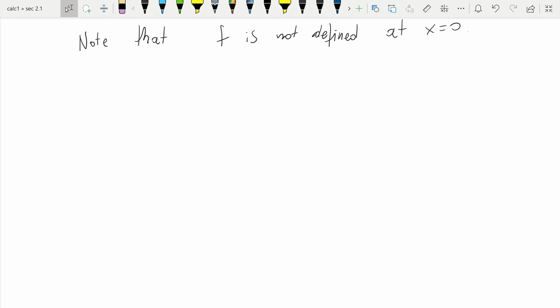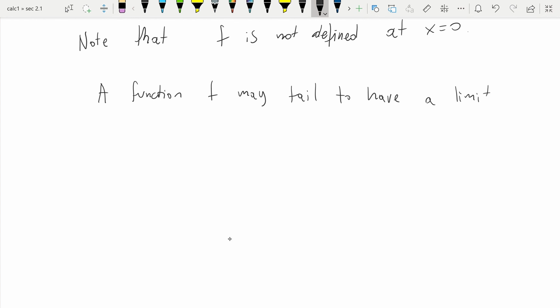And so a function f may fail to have a limit, or even a one-sided limit, at x equals c.